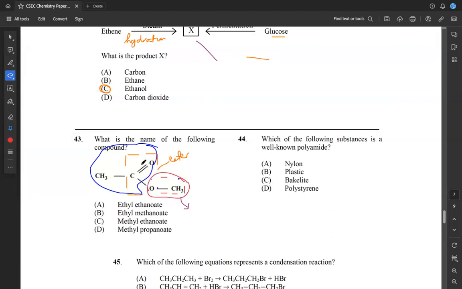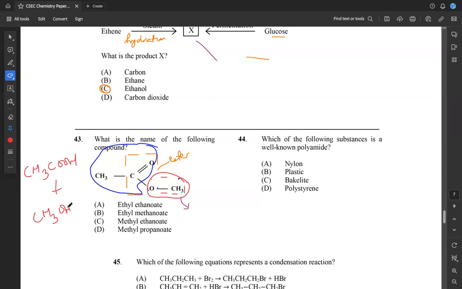Now remember, esters are formed from the condensation of acid, and in this case, the acid is CH3COOH, and that is condensed with an alcohol. It undergoes a condensation reaction. So we're gonna have methanol in this case, CH3OH, right? And that's how we come up with this ester, right? So this part is from the acid, and then this part out here, the CH3O, is from the alcohol.